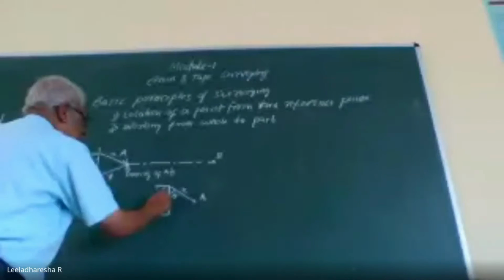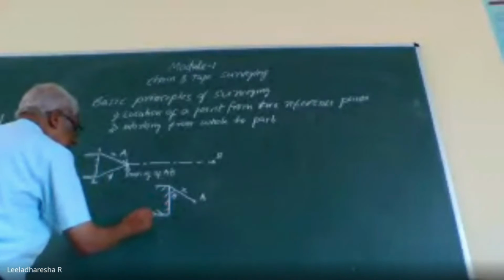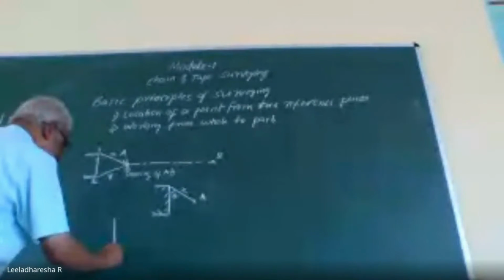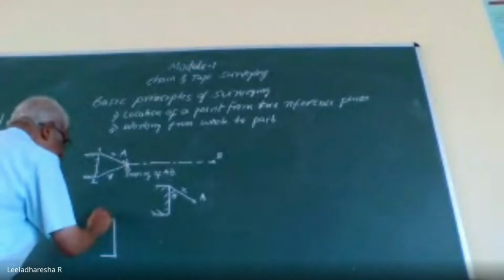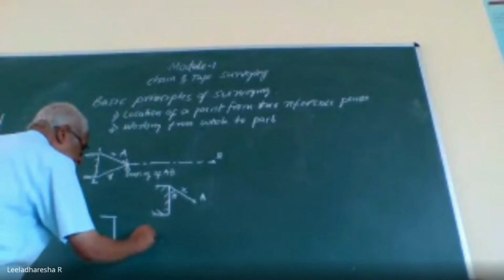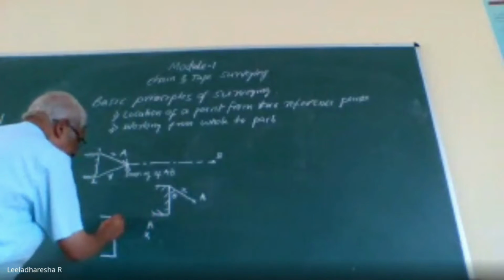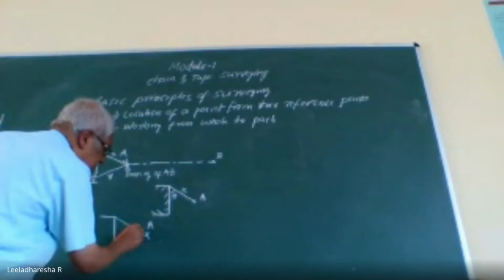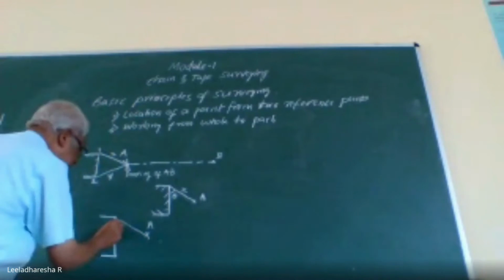Similarly, you can locate a point by knowing two directions. Say this is the building corner and I want to locate this point A. I need not measure the distance. I can measure this angle as theta 1 by using a compass and this angle as theta 2.